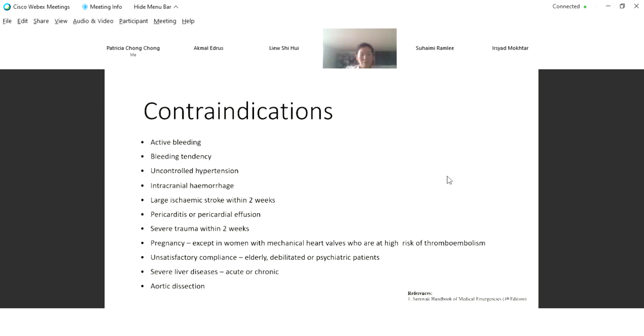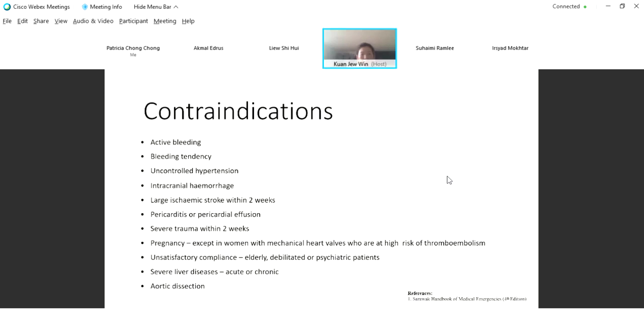The contraindications for anticoagulants are active bleeding, such as peptic ulcer disease; bleeding tendency, such as patients with hemophilia or thrombocytopenia; uncontrolled hypertension, such as systolic above 200 millimeters of mercury; intracranial hemorrhage or large stroke within 2 weeks; pericarditis or pericardial effusion; severe trauma within 2 weeks; or pregnancy, except in women with mechanical heart valves who are at high risk of thromboembolism.